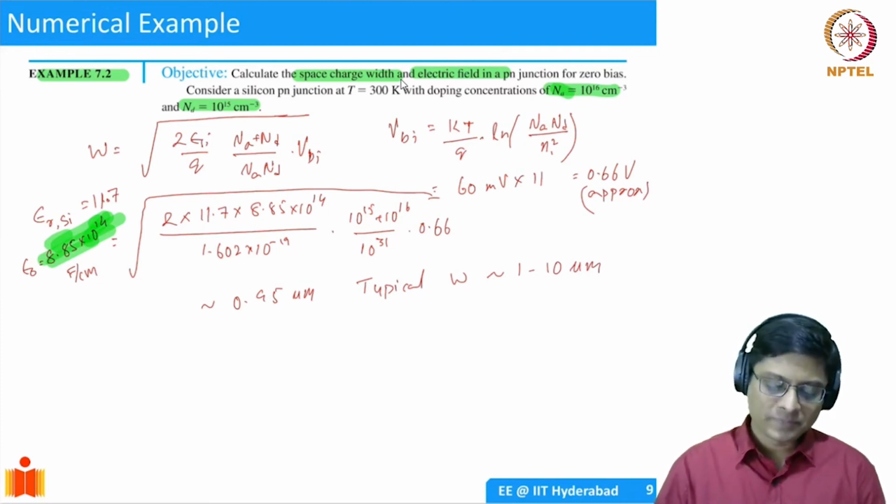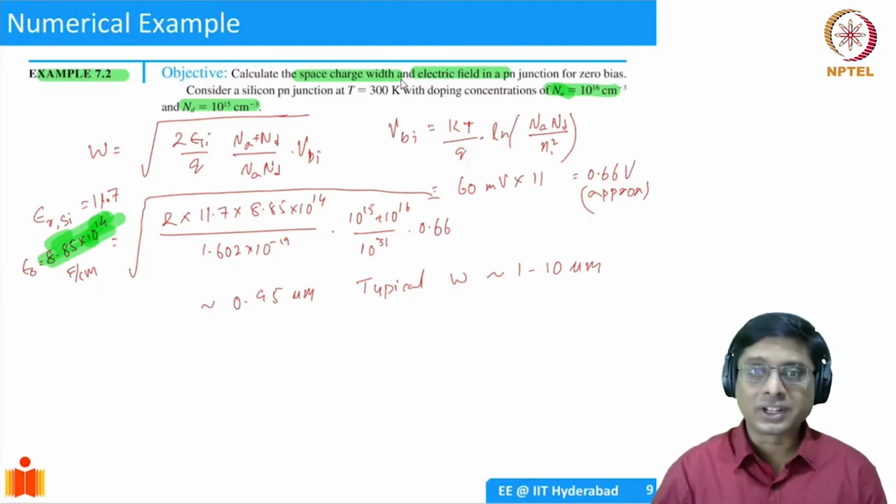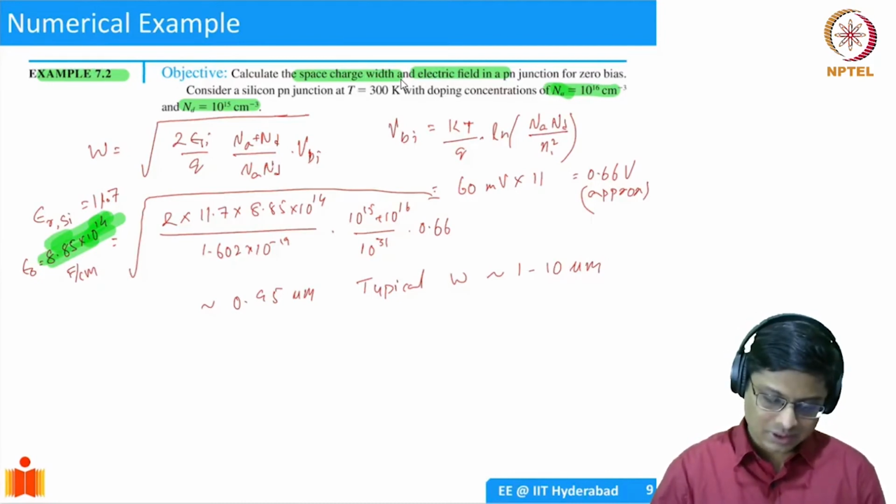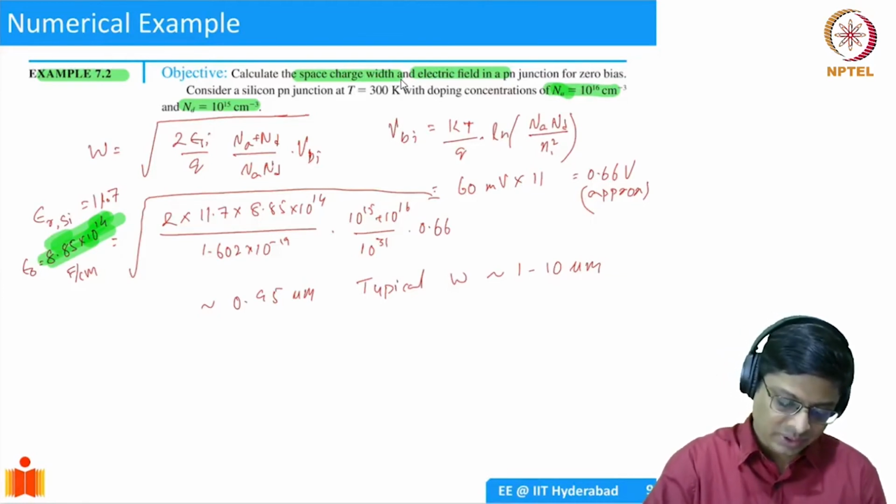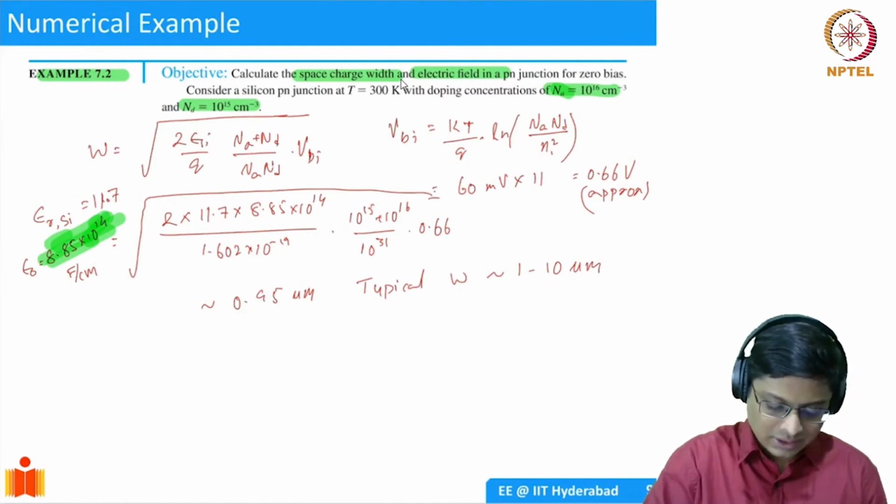Okay, all right. And just one final point before I stop. This is the total width of the depletion region, right? So this was xn plus xp. How much is xn?